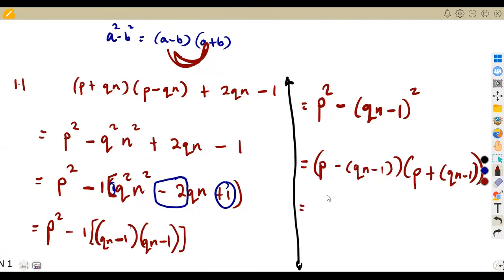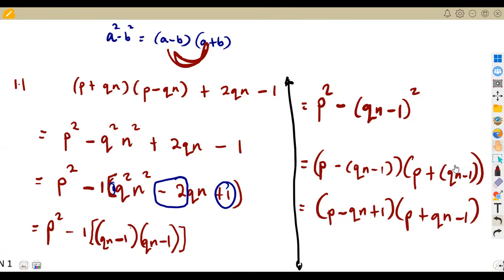So that means we can even simplify inside the bracket, because that will be a negative times qn, which is minus qn, minus and minus, which is a +1. Moving on to this bracket, it's a plus, so a plus does not affect anything. This will remain as it is, qn and -1, okay?